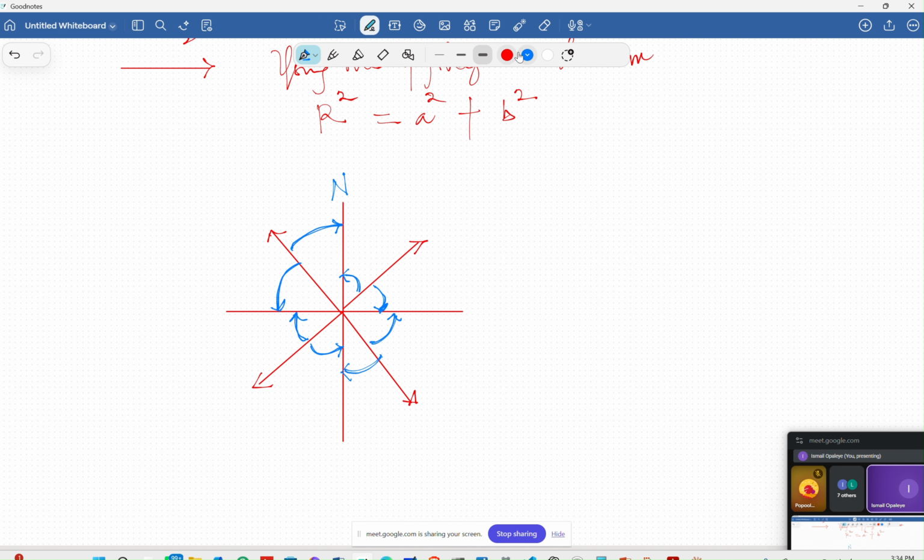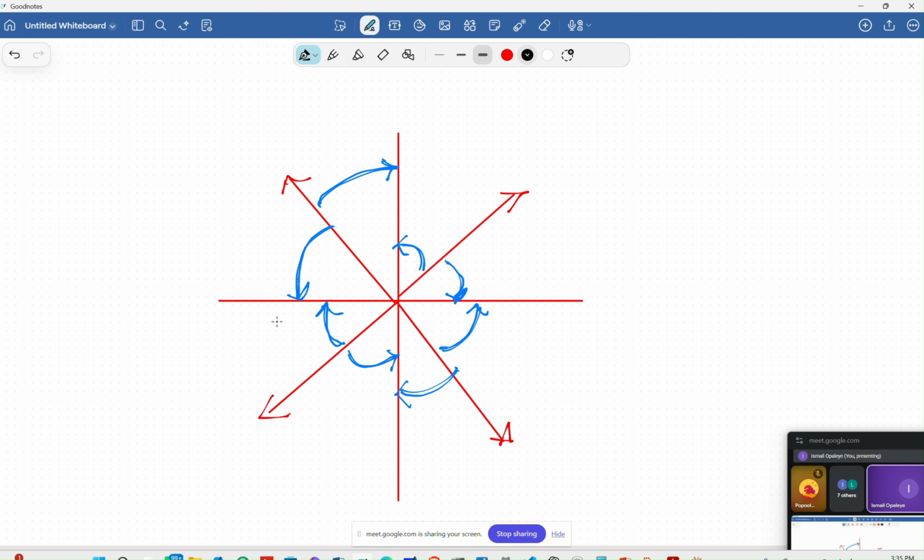Yes, sir. So for this one that is going up here, this is of course your north. This is north. This is east. This is west. And this one is the south. So if this is east, this arrow is going east to north.